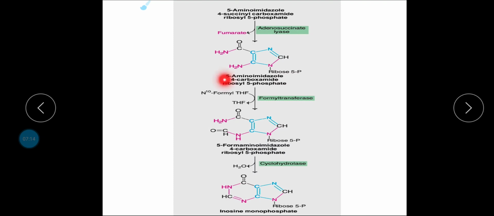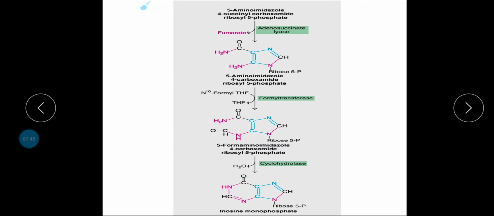Again in the next step, a formyl group is attached which comes from N10 formyl tetrahydrofolate which gets converted to tetrahydrofolate, and with the help of enzyme formyl transferase it gets converted to 5-formamino. Means the formyl group is getting attached to this amino group. So 5-formaminoimidazole 4-carboxamide ribosyl 5-phosphate is formed.